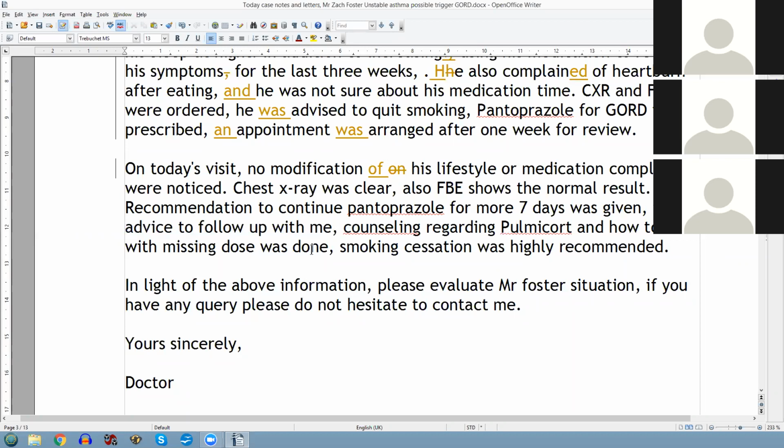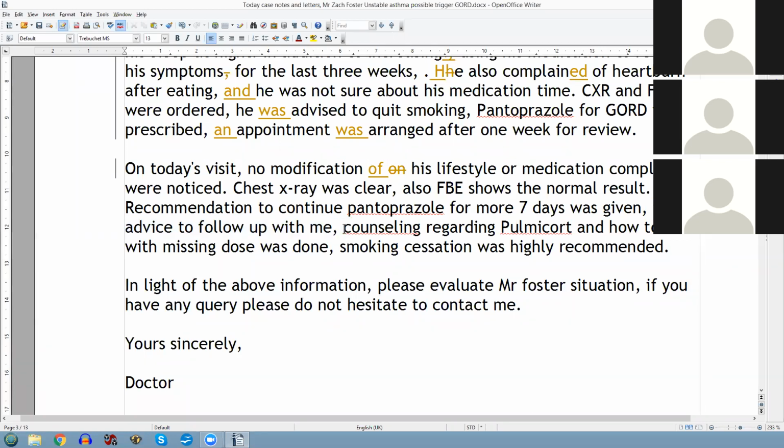Counselling regarding how to deal with missing dose was done. What is this? Too much passive here. Too much passive, and it doesn't work. It's far too long. Complicated. Recommendation to. So I recommended that he continue for 7 more days. I don't know what the advice to follow up with me means.